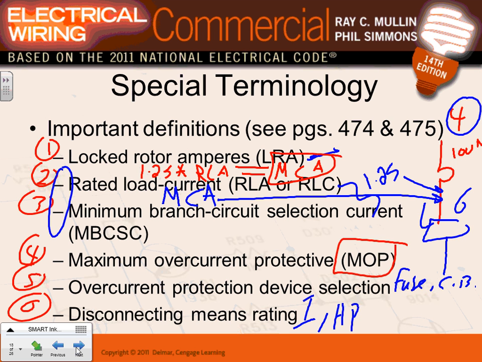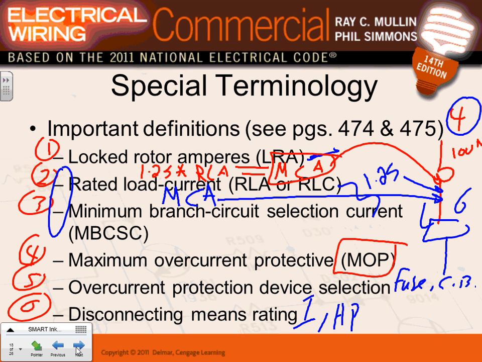So the manufacturers themselves take the rated load amp of the equipment, multiply by 1.25, and put the value as MCA, minimum circuit ampacity. And then you use this one directly to size your conductor. So if you guys remember the chiller that we had, it has minimum circuit ampacity of certain values. You're not supposed to multiply by anything. If it says MCA, minimum circuit ampacity, they already did the calculation for you.